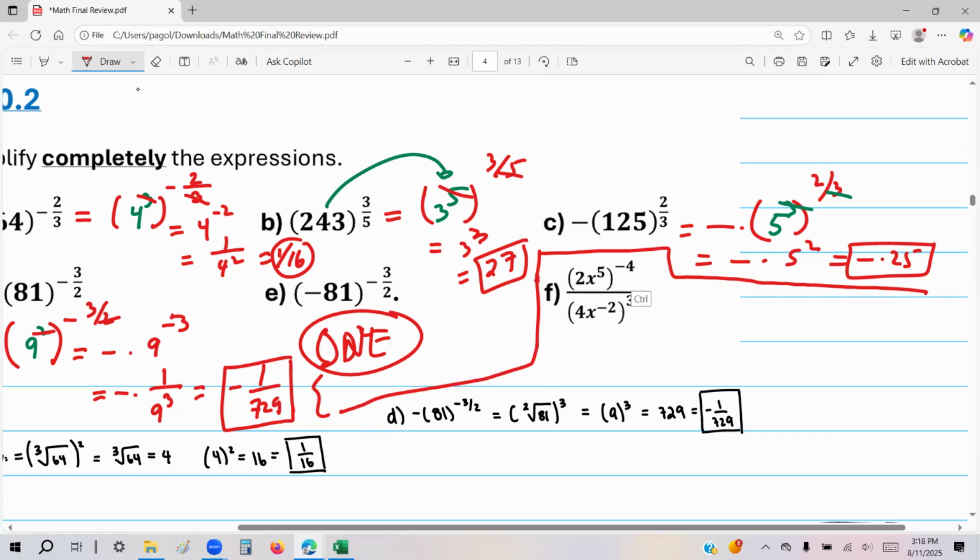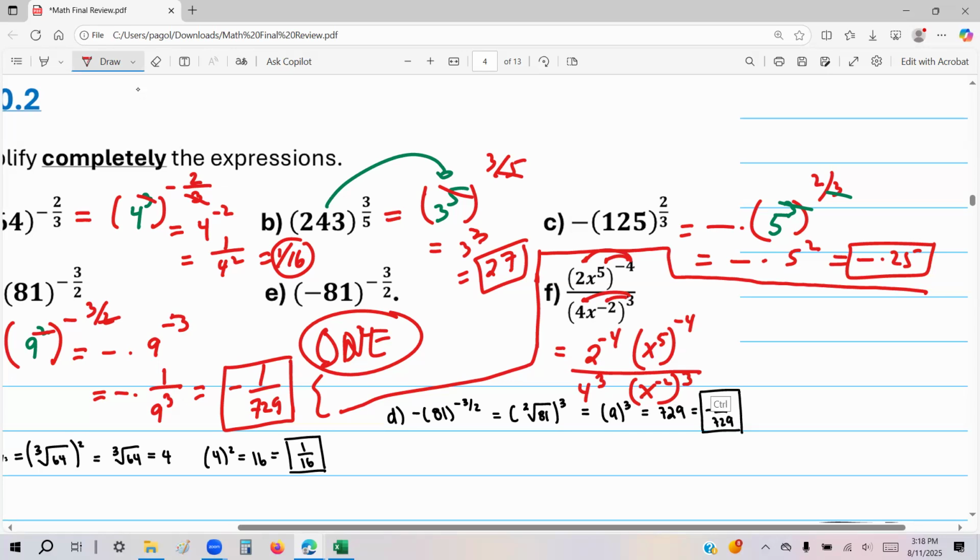Good job. It distributes the power both on the numerator and the denominator. So you get 2 to the negative 4, x to the 5 to the negative 4, and the denominator 4 to the positive 3, x to the positive 3.